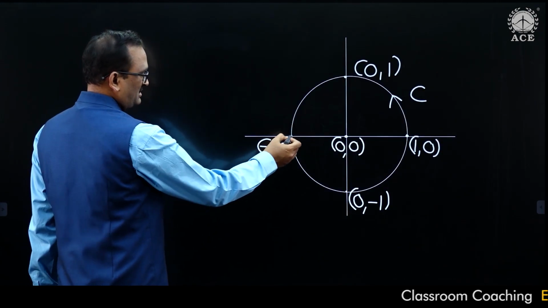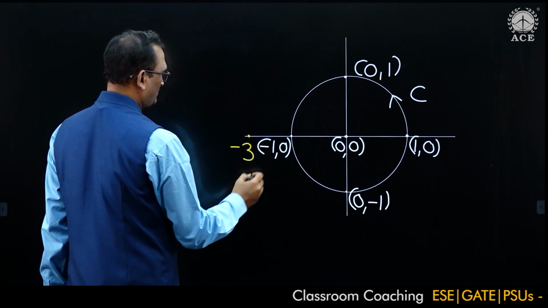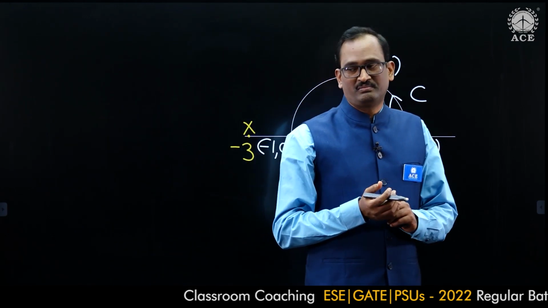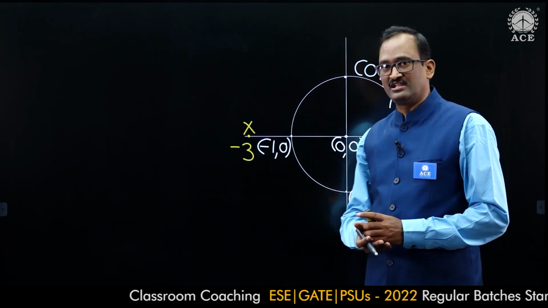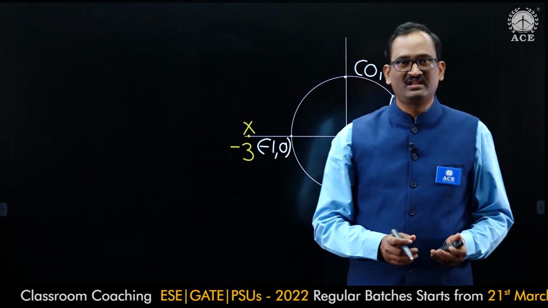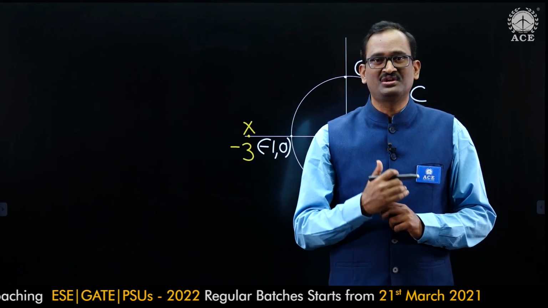This is z is equal to minus 1 point, minus 3 will be lying outside of the given circle. So we have only one singular point, but it is lying outside the given circle. If all singular points are lying outside the given circle, according to Cauchy's integral theorem, the value of the integral should be 0.